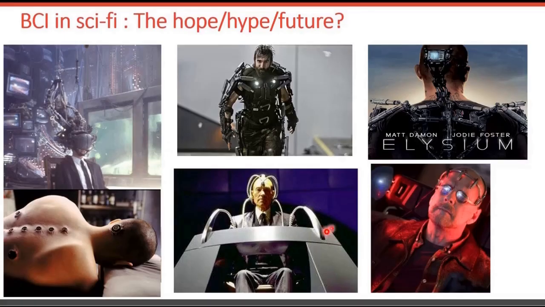Let's take a look at some of the Hollywood movies that highlight the BCI, brain-computer interface, in their science fiction. So humans have already fantasized about building some connection to the brain or reading the human mind.